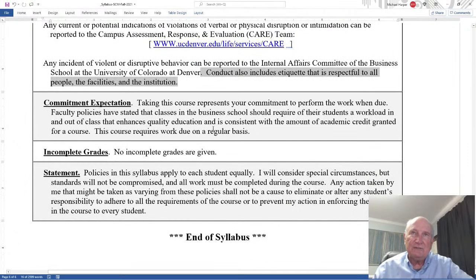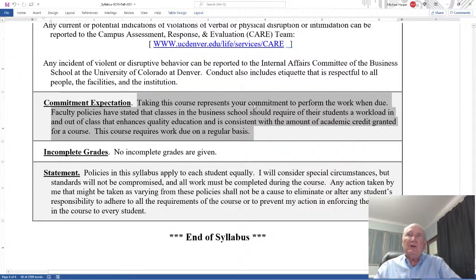Commitment expectations. Taking this course represents your commitment to perform the work and to perform it when it's due. Faculty policies state that classes in the business school should require of their students a workload in class and out of class that enhances quality education and is consistent with the amount of academic credit.